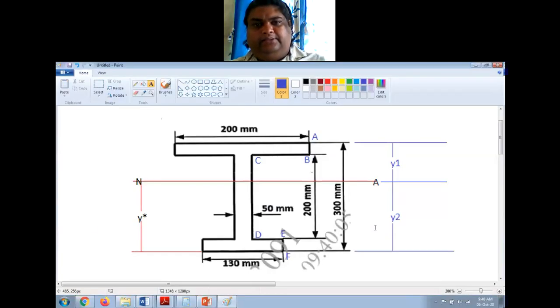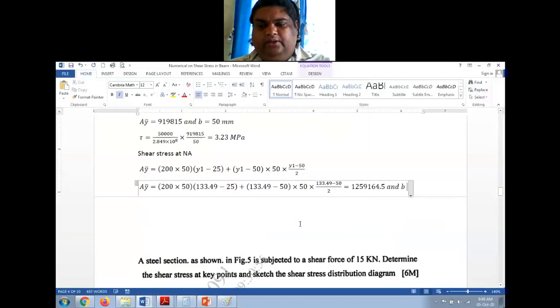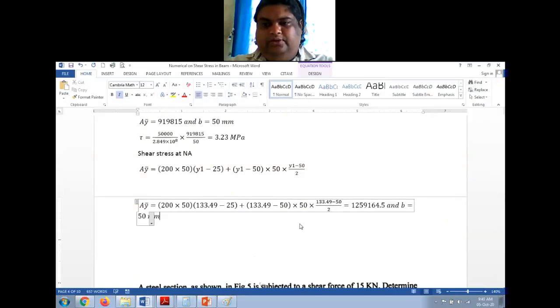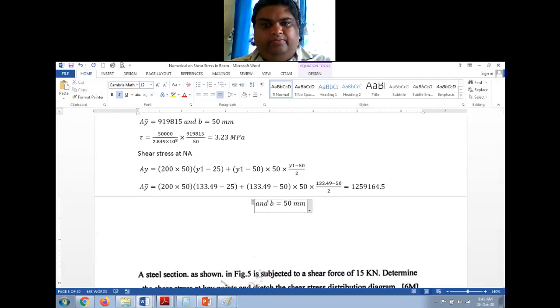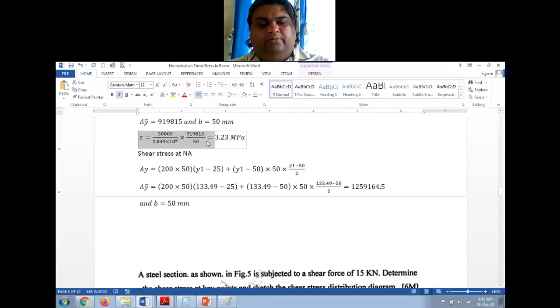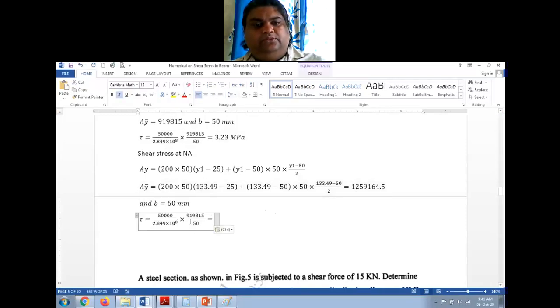And B at neutral axis. What is the width at neutral axis? It is this width, which is 50 mm. B is equal to 50 mm. Okay. Now again use the same formula for shear stress. This will remain same. That will not change. Only B and AY change. So AY is this and B is 50.